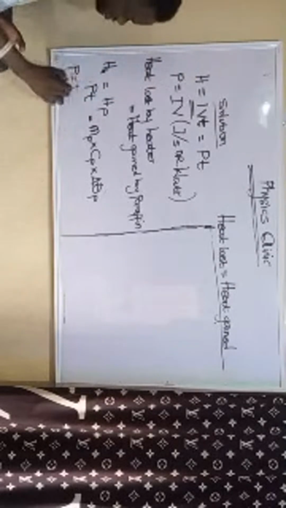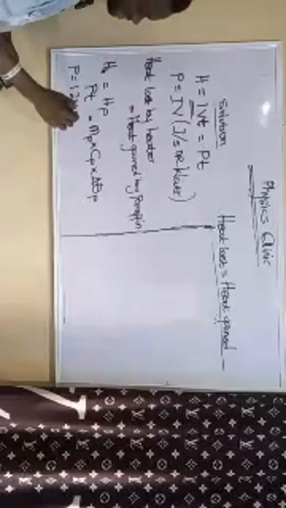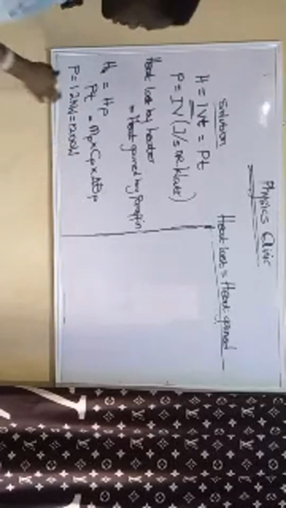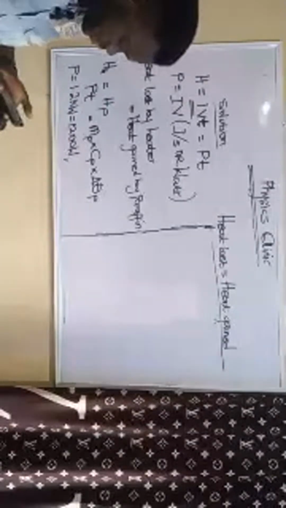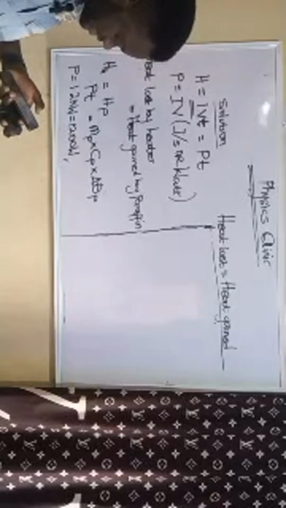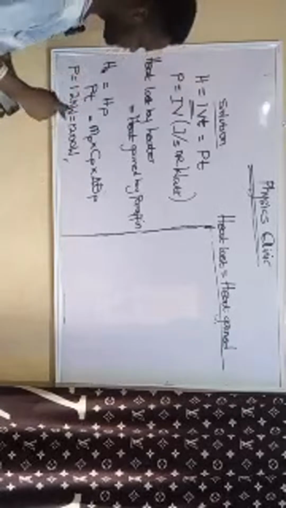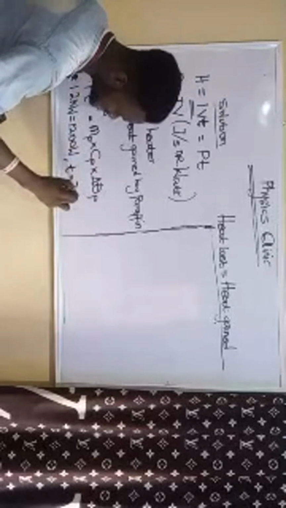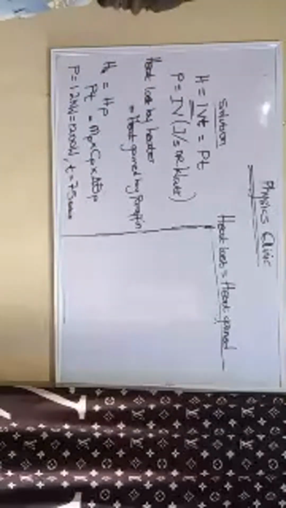Power is given to us as 1.2 kilowatts. This can be written as 1,200 watts. That's the value for the power. Then it says it is used to supply energy for 75 seconds. So it was supplied for 75 seconds.